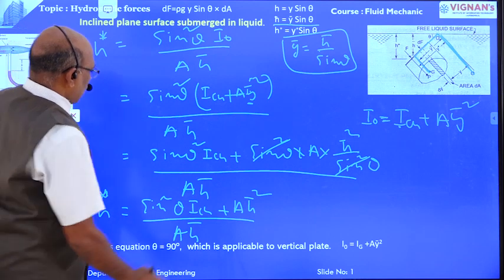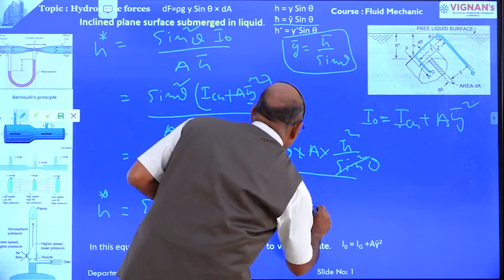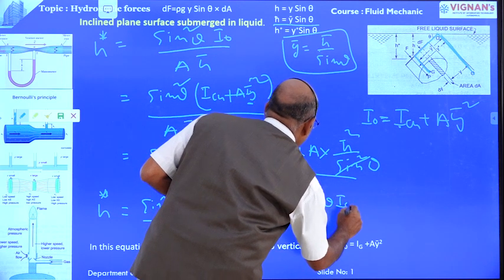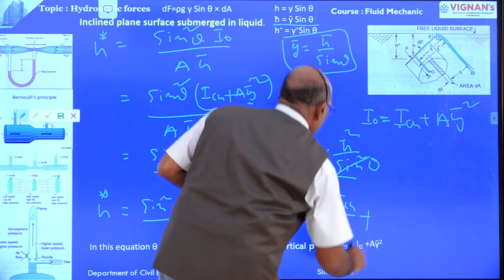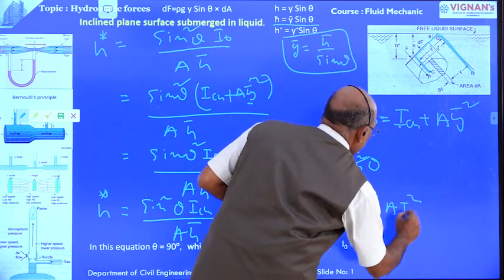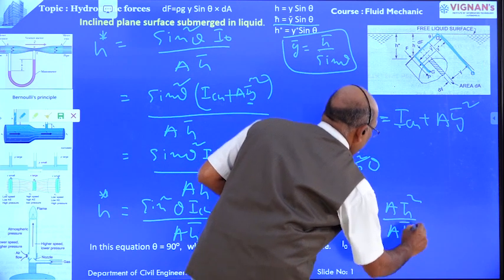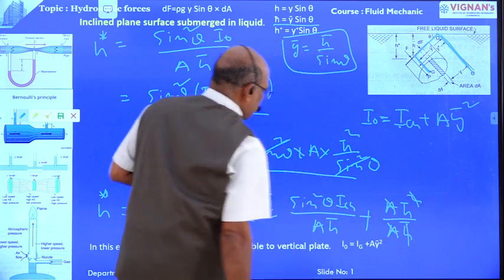Now, this is equal to sine square theta ICG divided by A h bar plus A h bar square divided by A h bar. A and h bar cancel.